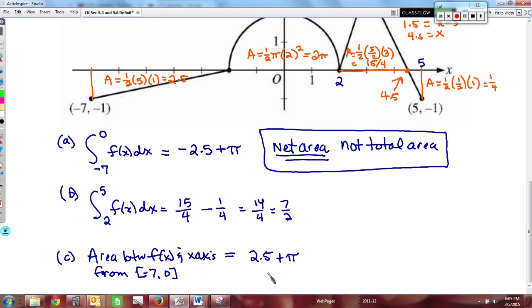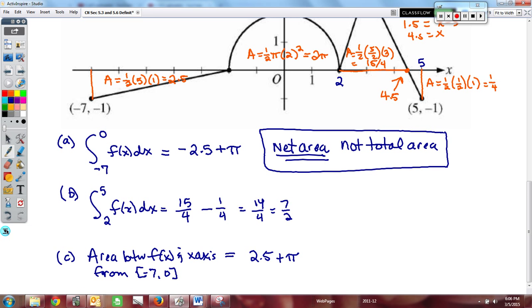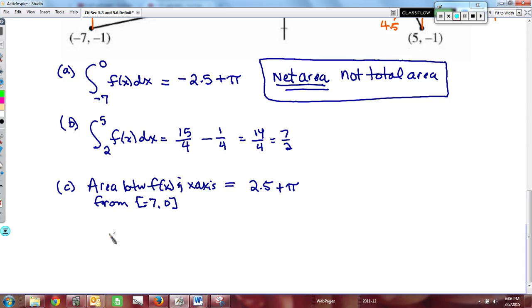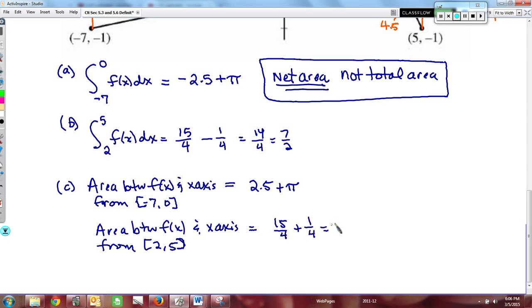Notice I didn't label this with an integral. Because they were not the same, I cannot label them the same. I have to label them separately. And the area between f of x and the x-axis from 2 to 5 is going to be 15/4 plus 1/4, which is 16/4 or 4.